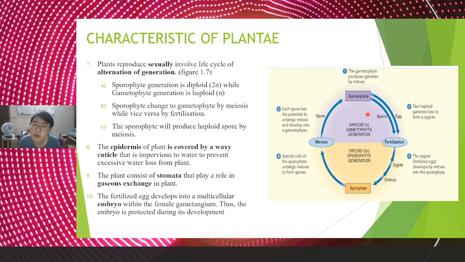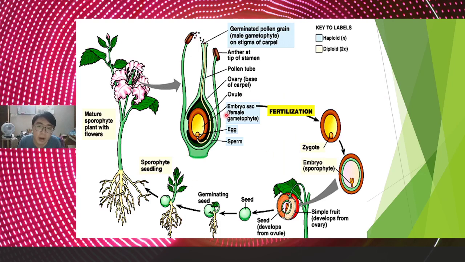For the female part, for the flowering plant, the gametophyte produced from the spore is the embryo sac. The embryo sac is the female gametophyte for the flowering plant.